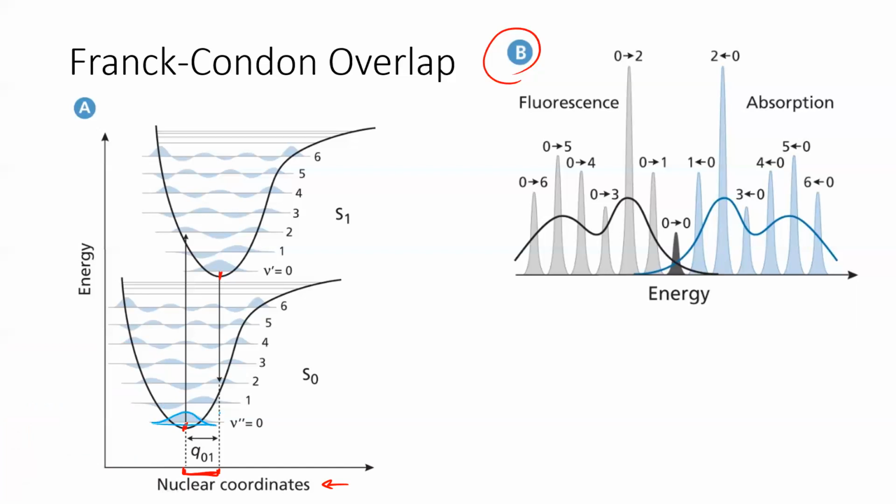For the S0 in the ground state, it's pretty centered, it's symmetric, there's only one hump. We say that there are 0 nodes. As we go up, for the first vibrational state, there's one node, second, two nodes, third, three nodes, and again, where it crosses the x-axis, those are the nodes.